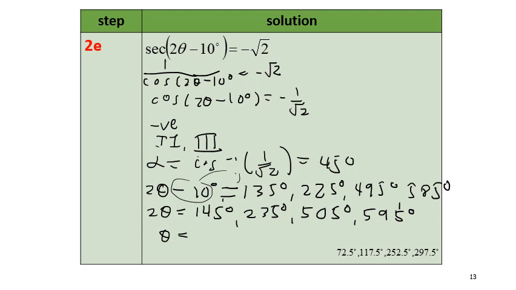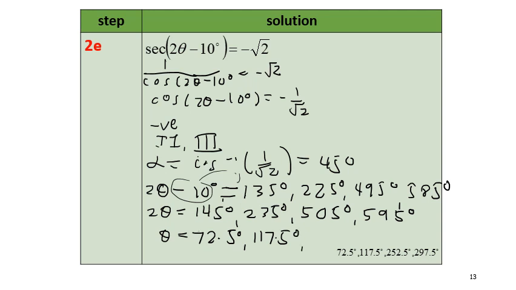So 145 divided by 2, don't forget to change to decimal. We got 72.5 degrees. And then next 235 divided by 2, change to decimal, 117.5.